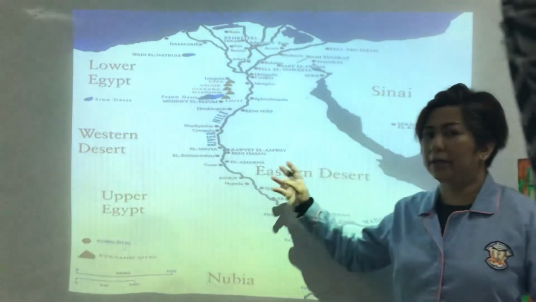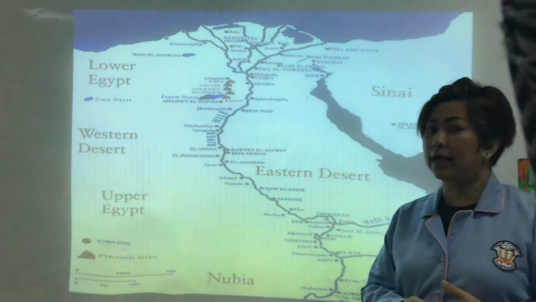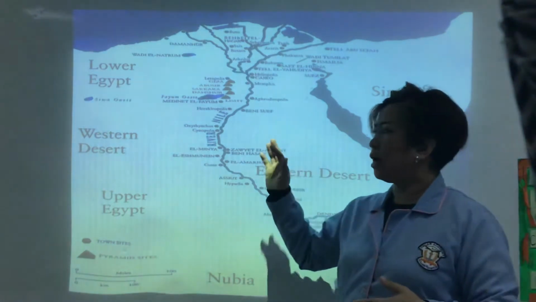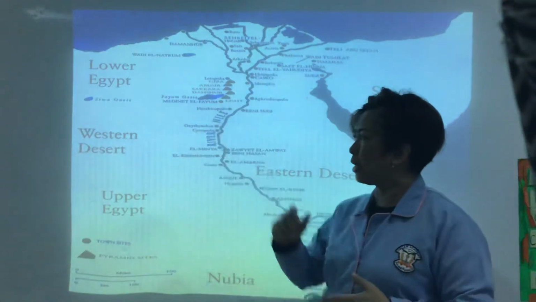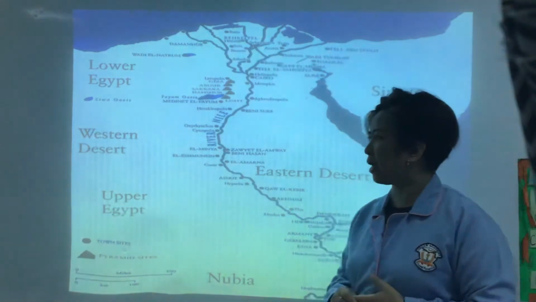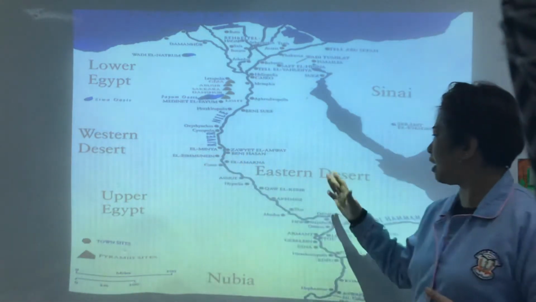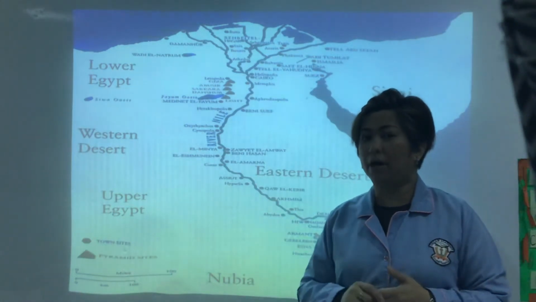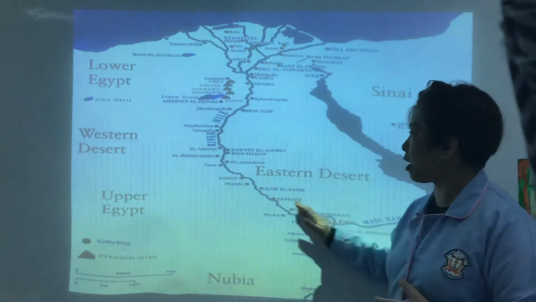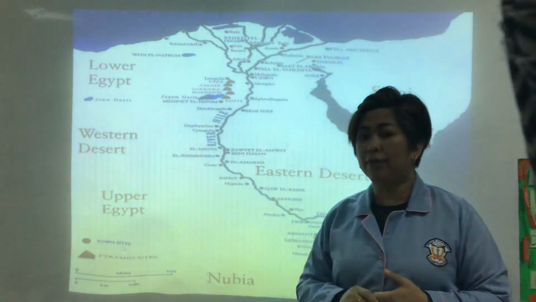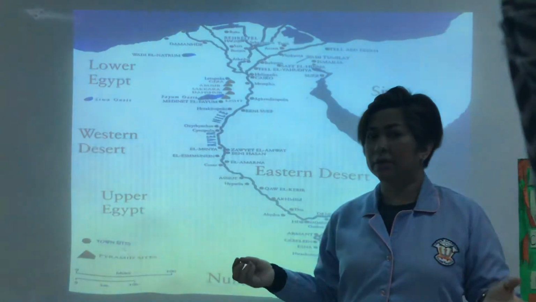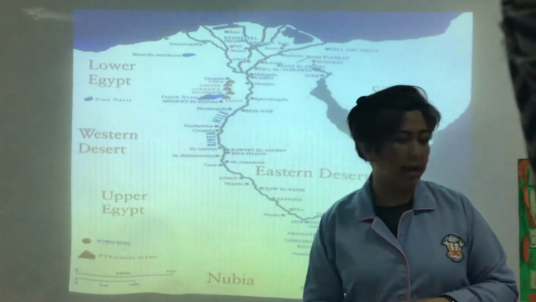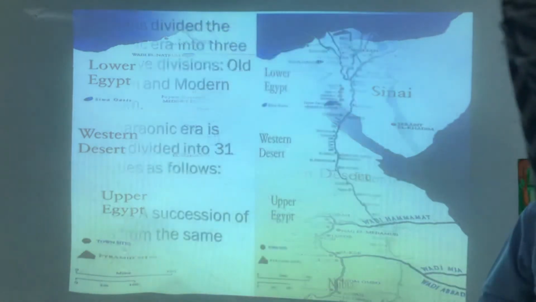This picture shows that Egypt is divided into two kingdoms, the Lower Egypt and the Upper Egypt. The Western Desert and the Eastern Desert are the red soil, if you still remember our previous topic. And those living nearby the River Nile are the black soil.